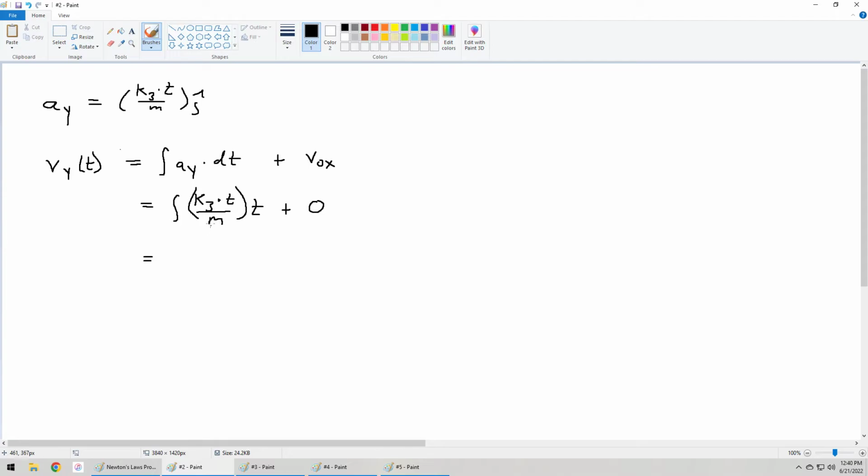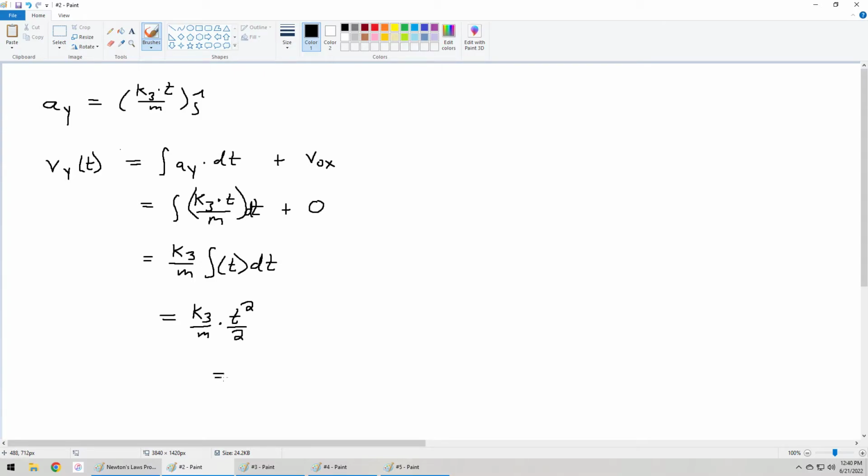And if you're not comfortable with integrating expressions that include variables like this, you can always factor them out. So you'll have k3 divided by m, and we're just integrating, pardon me, forgot a dt there, t with respect to the variable t, and that's pretty simple. That's kind of like just integrating x with respect to x. We'll have k3 over m times t squared divided by 2.